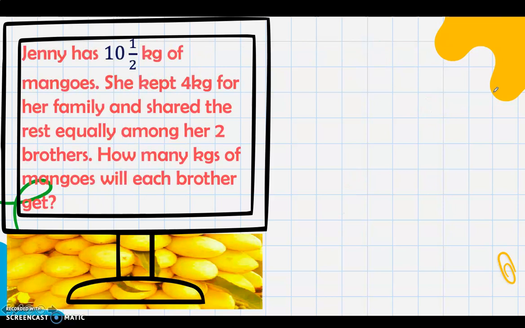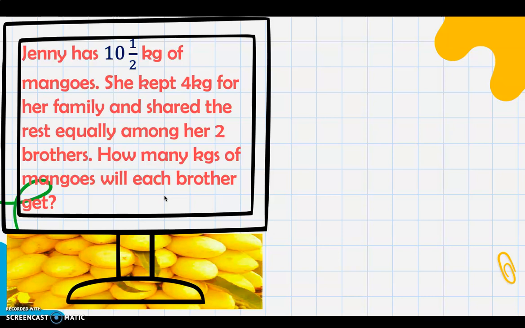Next, Jenny has 10 1/2 kilograms of mangoes. She kept 4 kilograms for her family and shared the rest equally among her 2 brothers. How many kilograms of mangoes will each brother get? In this problem, there are 2 operations that we are going to use.